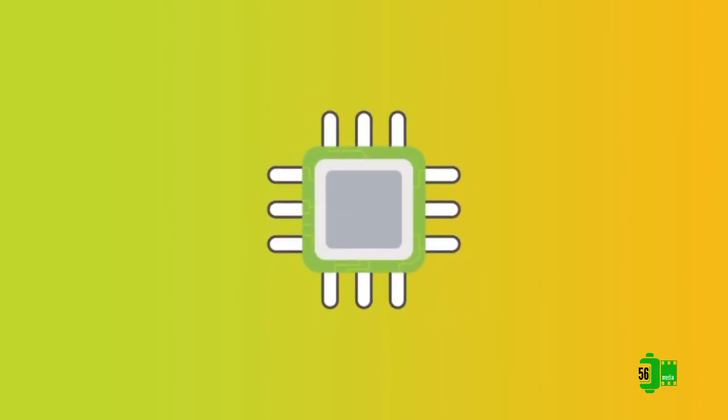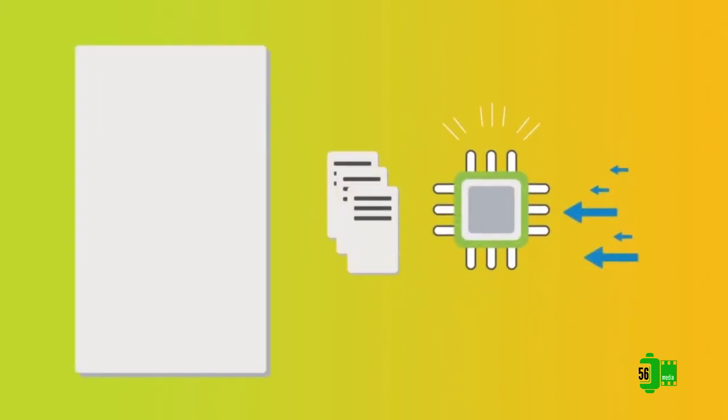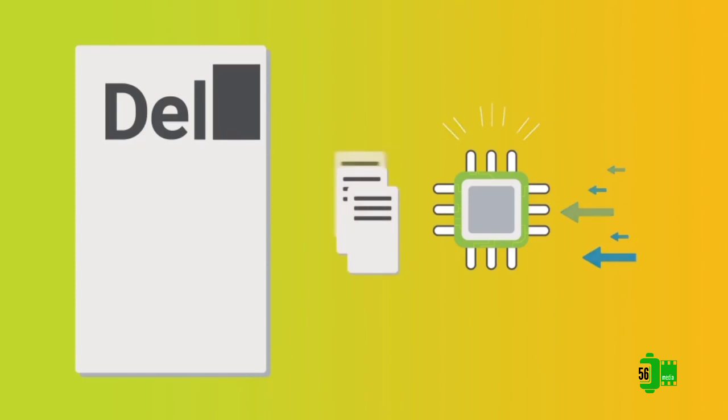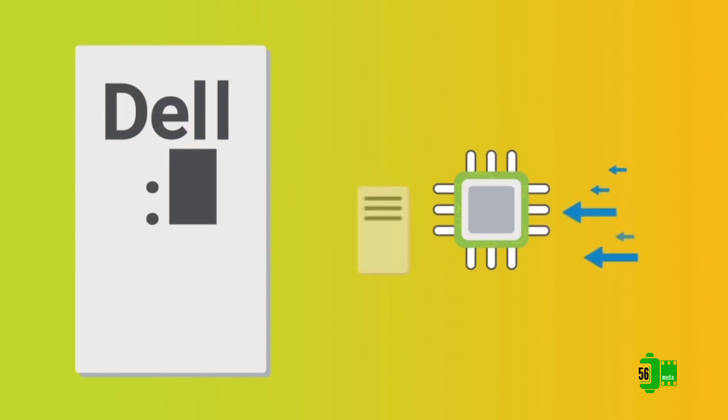The processor executes three basic functions: receive input data, process this data, and provide output. For example, when you are typing a simple text, each letter is entered as input data. The processor receives this data, processes it, and provides the output. All this happens in a fraction of a second.